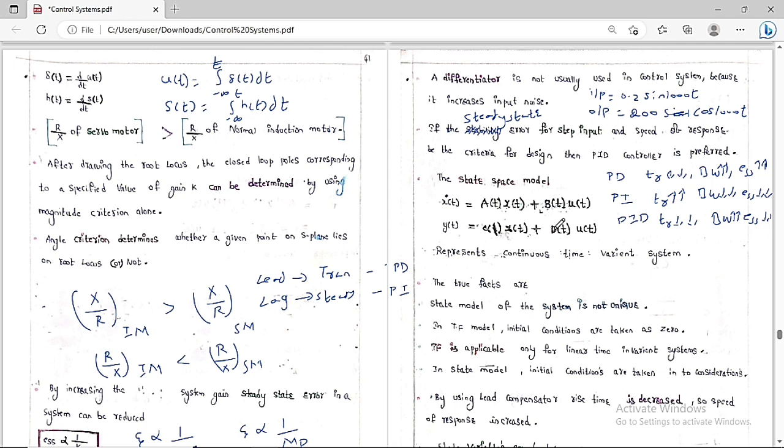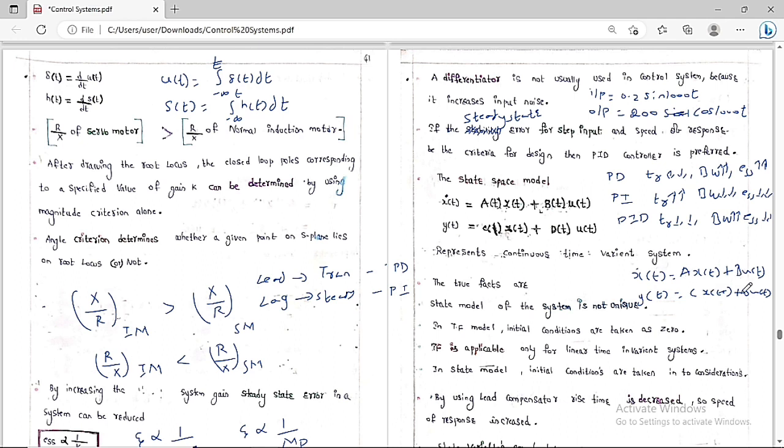So always remember, let me write here: x dot of t is equal to A into X of t plus B into U of t, and Y of t is equal to C into X of t plus D into U of t. Basically this is our state space model representation.